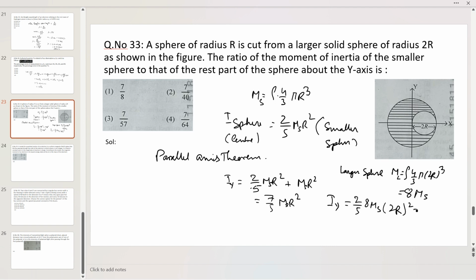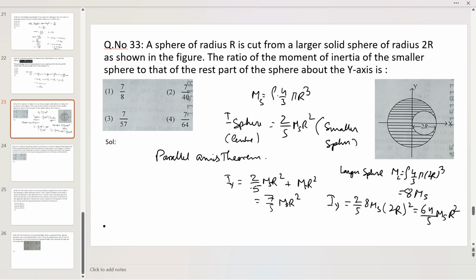So this comes out to be 64 by 5 ms r square. This is the moment of inertia of the larger sphere about the y-axis.